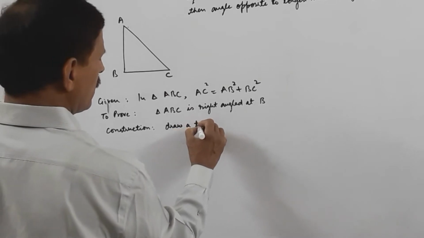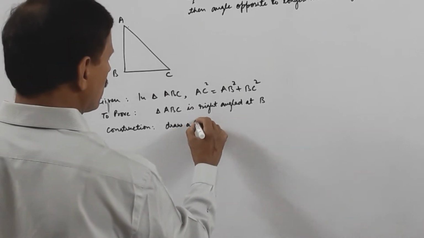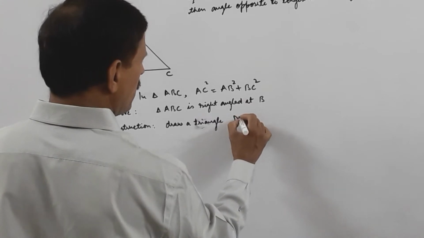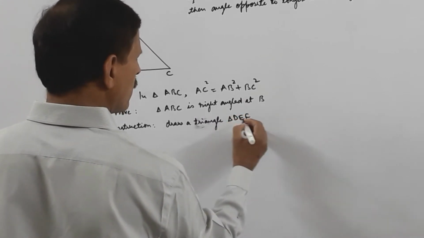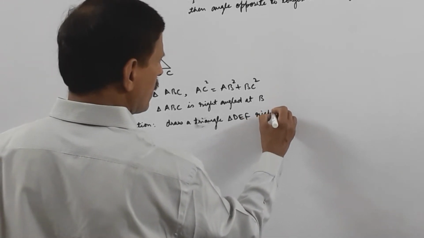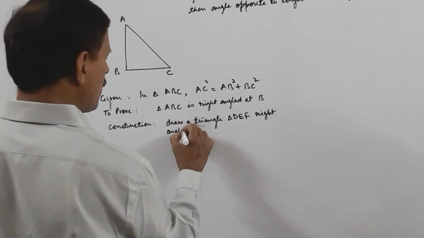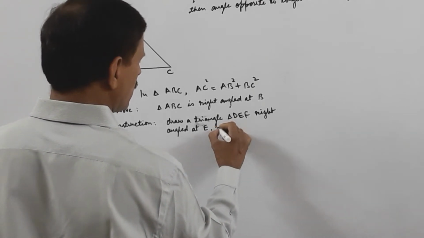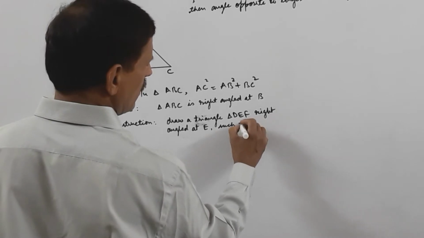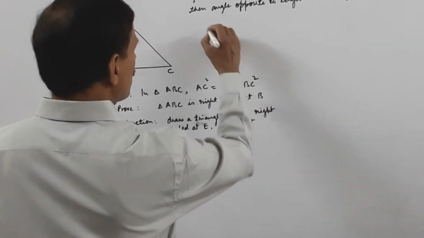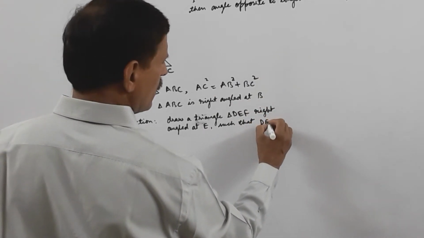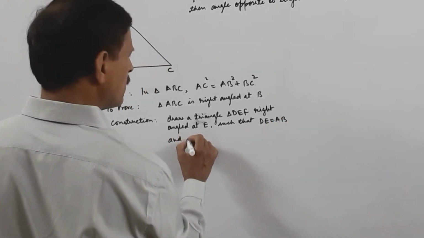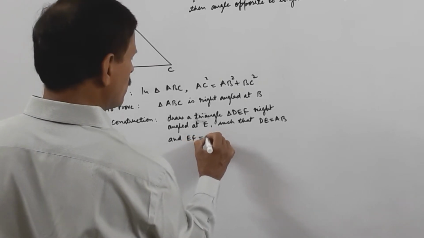Draw a triangle DEF right angle at E, such that DE is equal to AB and EF is equal to BC.